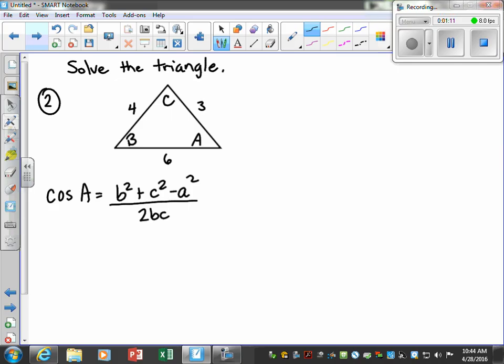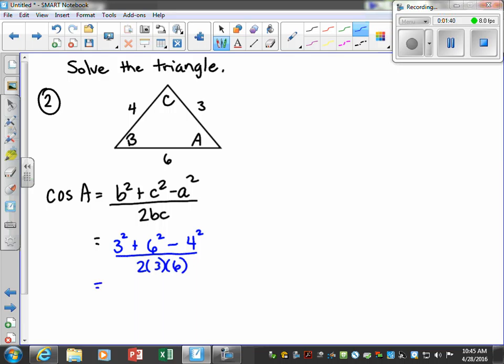Alright, now let's plug in our values for this particular problem. B squared, so here's B, this is side B, it's going to be 3. So that's going to be 3 squared. Alright, opposite of C is 6, so that's 6 squared. And a squared is going to be 4 squared, over 2 times b times c.